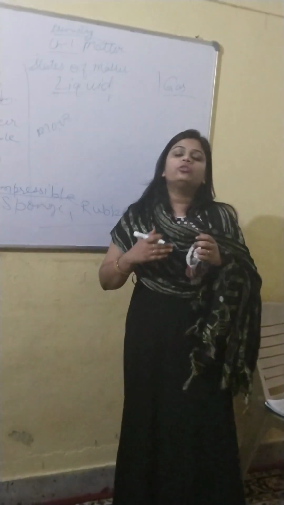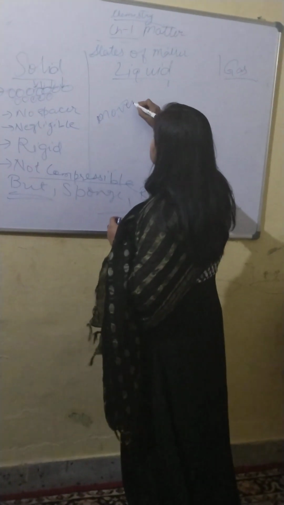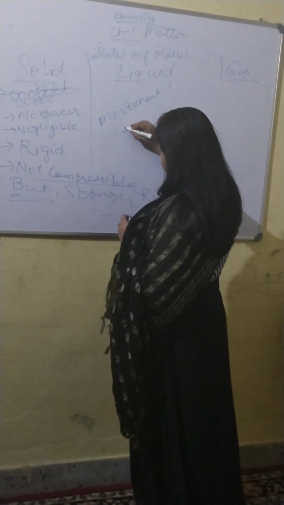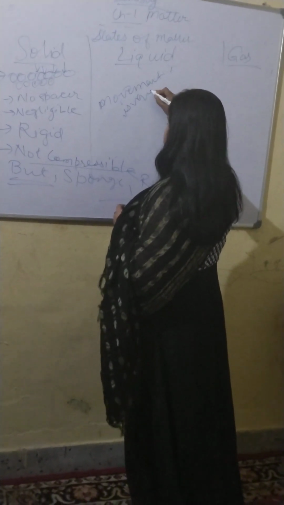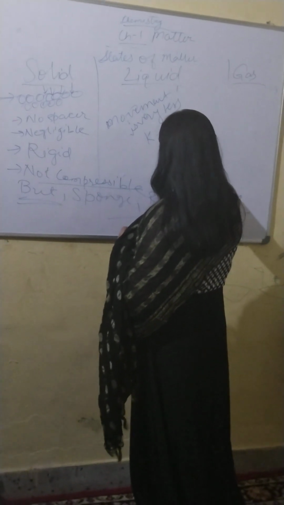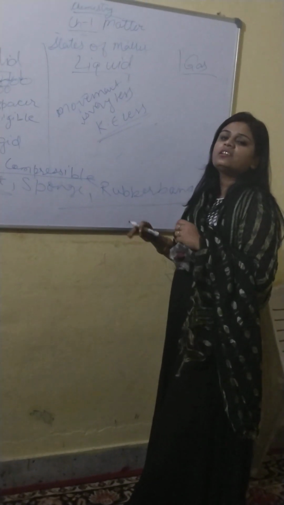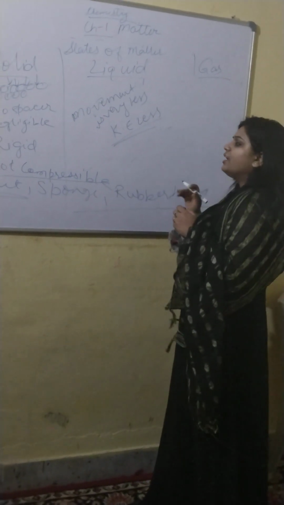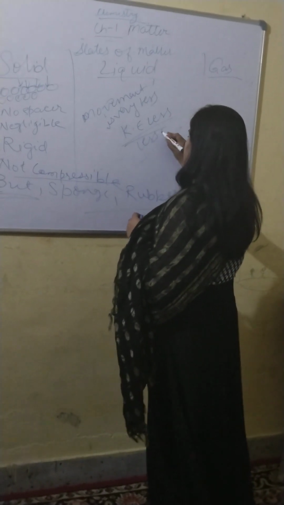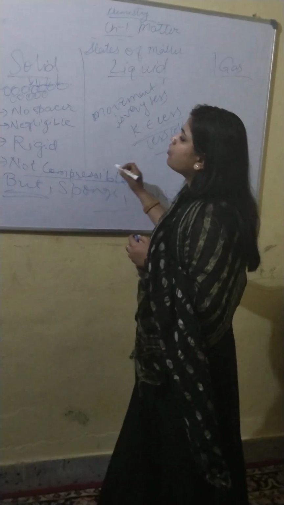No, you are not able to move properly. So the movement is very less. Kinetic energy will also be less. If the kinetic energy is less, there will be very less collision.